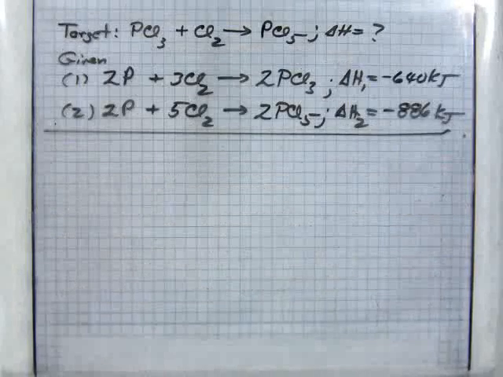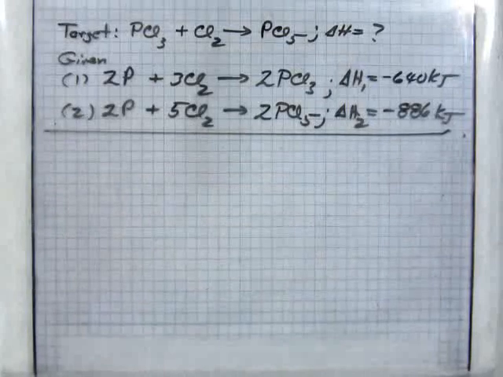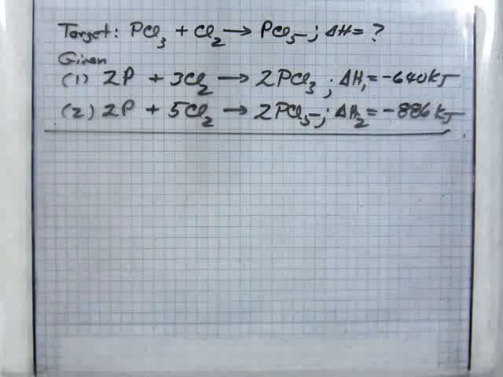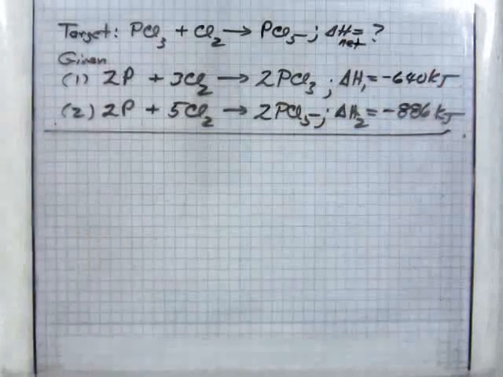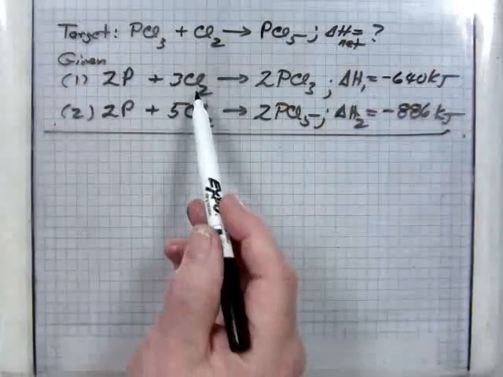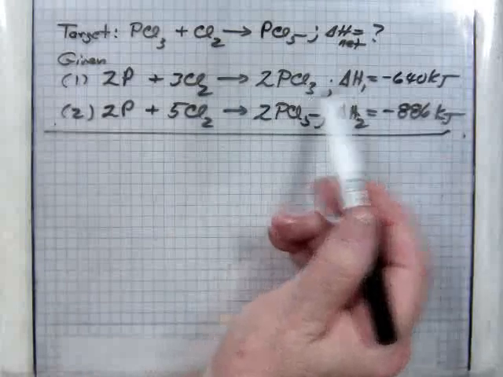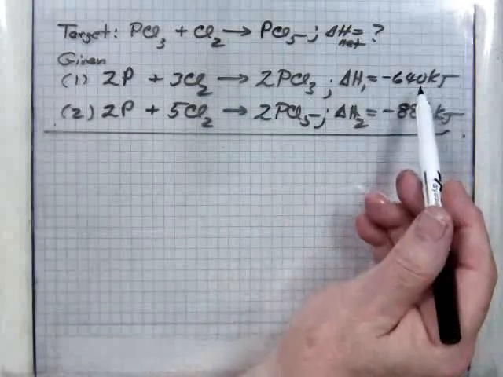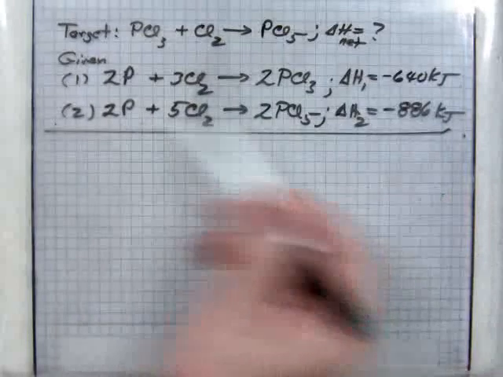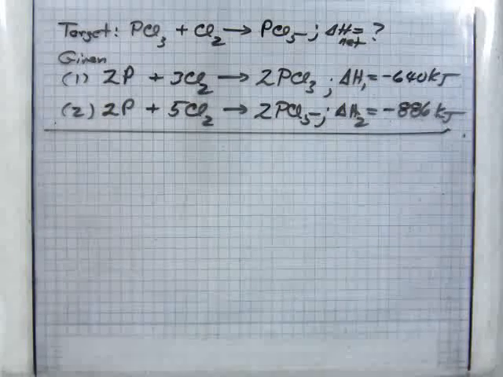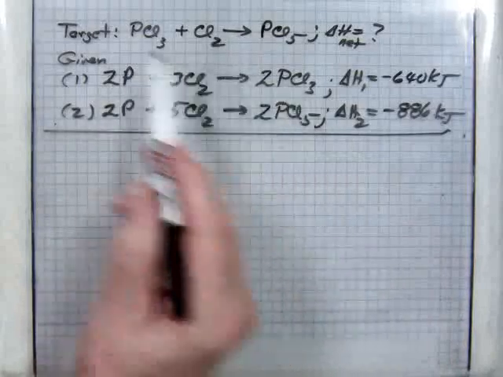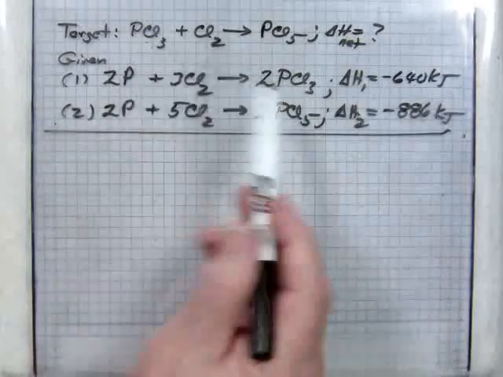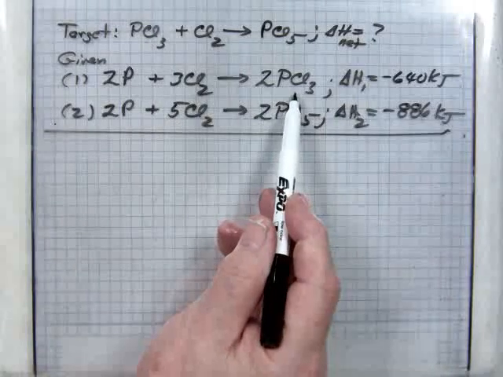Okay, so the target reaction is PCl3 plus Cl2 going to PCl5, and we want the net energy change for the target reaction. Given are 2 phosphorus plus 3 Cl2 giving 2 PCl3, with this energy value, minus 640, exothermic. And the second one is phosphorus plus 5 chlorines giving PCl5. As we look at the first one, we see that PCl3 is on the left side, but in the first reaction it is on the right side.